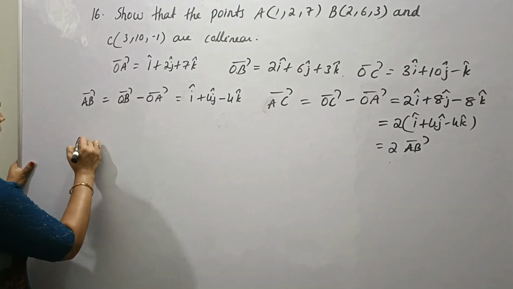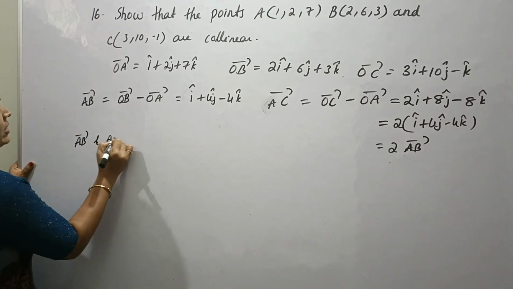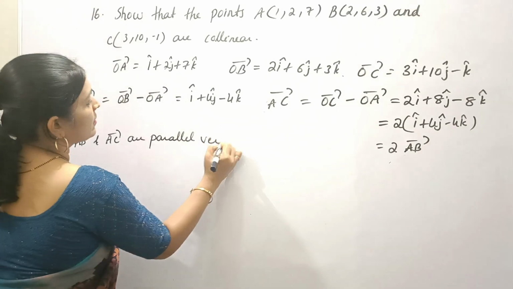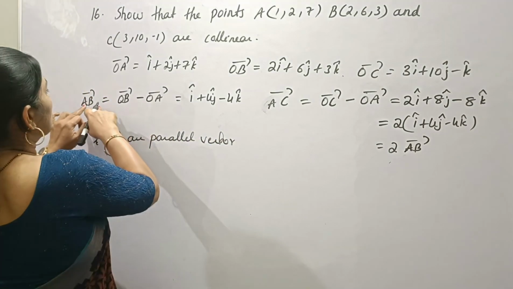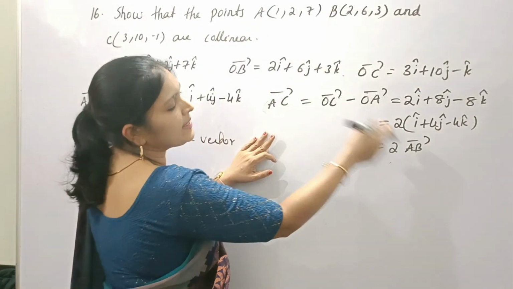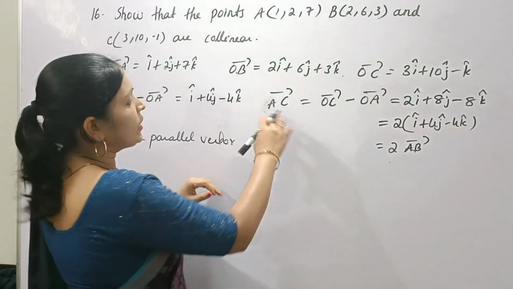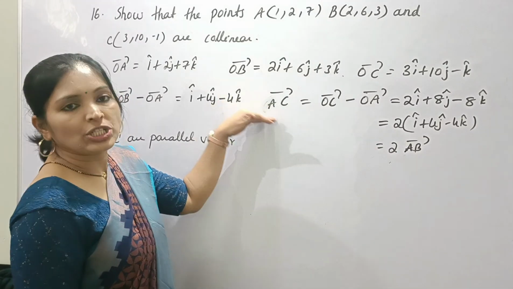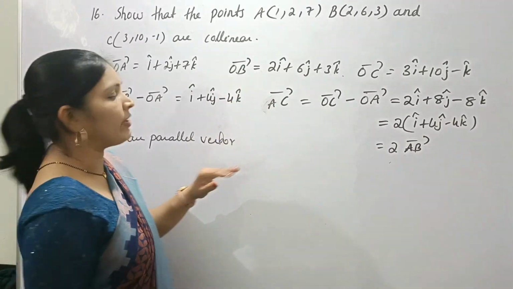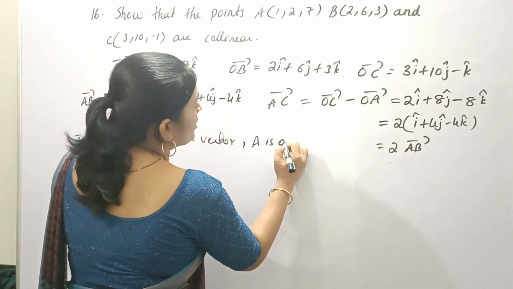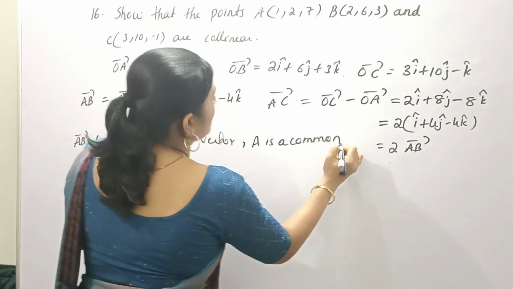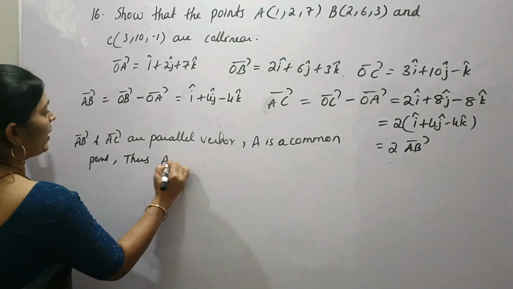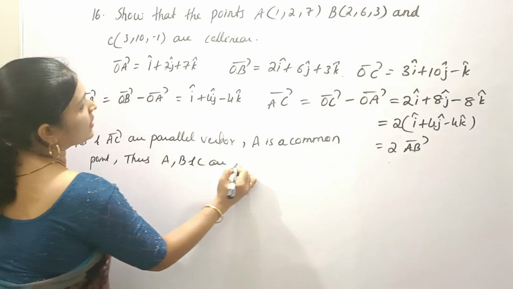Because vector AC is the scalar multiple of vector AB, it's clear that vector AB and vector AC are parallel vectors and A is a common point. Thus A, B and C are collinear.